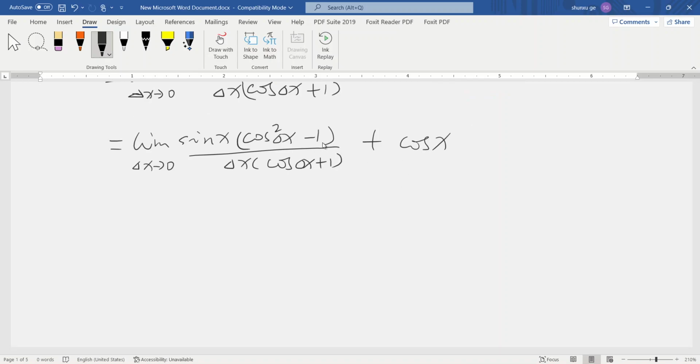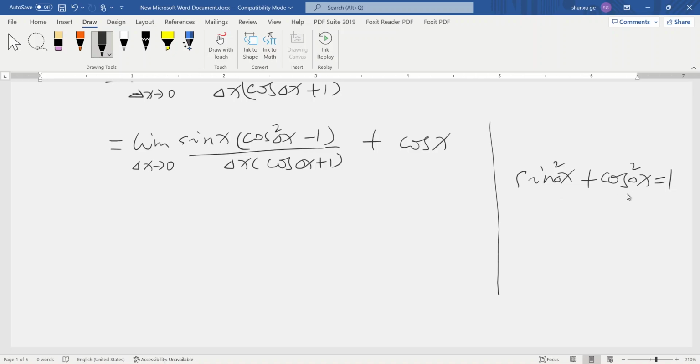And here again we know that sin squared plus cosine squared of delta x equals 1. This is the formula, and we must know it. If after you watch my video there is something you don't understand, you can write a comment so I can explain to you.